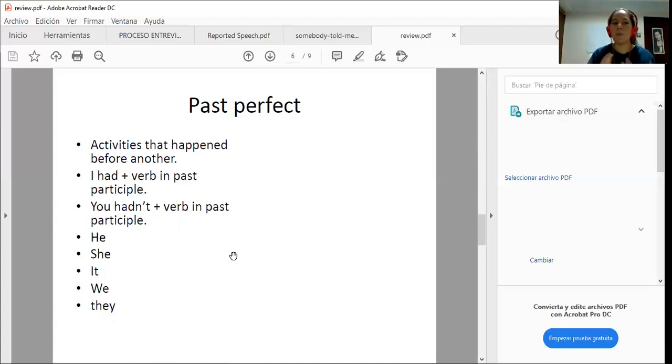Okay, and well, for this structure, we use the same for all the pronouns: I, you, we, they, he, she, it. We use had and the verb in past participle, or hadn't and the verb in past participle. And that's it. We have to identify, as we were checking, the activity that happened before the other, or the activity that happened first.